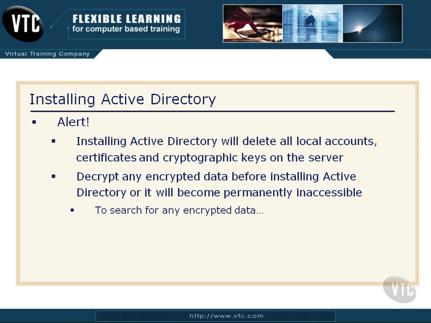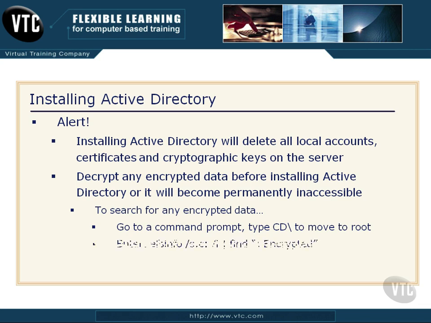Now, how do you know if you've got encrypted data, or what that data is and where it is? You can go to a command prompt, type cd / to move to the root, and then use the efsinfo command to search for encrypted information on your hard drive.